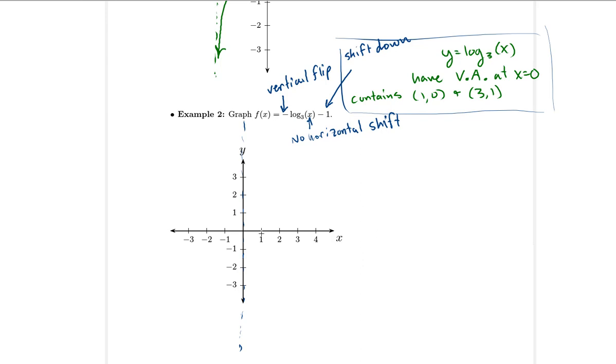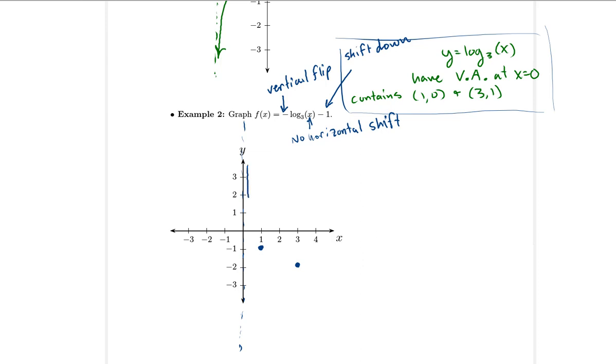But a shift down would then shift that point down 1 here. All right, and then normally I would be over 3 up 1 from the vertical asymptote. So I'd normally be here. So a vertical flip would put me down at -1. And then a shift down 1 would put me down at -2.